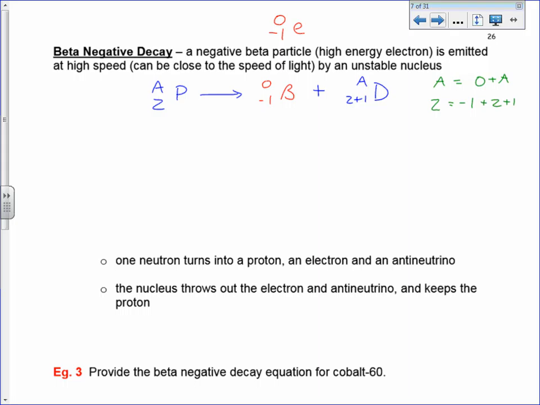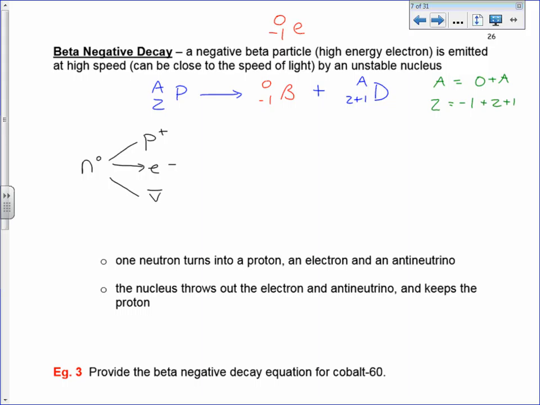So what's actually happening? With alpha decay, it's basically just a helium nucleus expelled from the parent nucleus. What happens with beta negative decay is you actually have a neutron in the nucleus. We're going to start with a neutron, and it spontaneously turns into three different things. It turns into a proton, an electron, and what's called an antineutrino, which is a V with a line on the top of it.